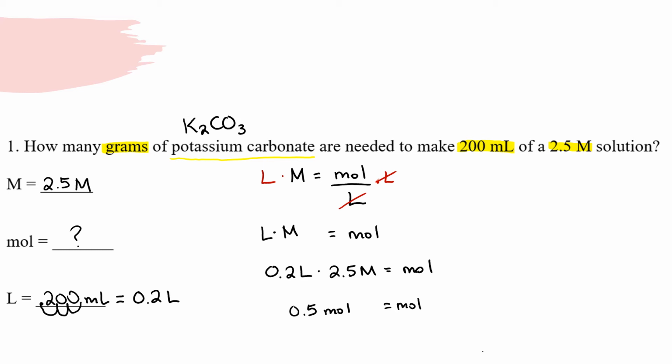So the molar mass of potassium carbonate, I just write out the elements and the number of the atoms of that element. So K2, I look on the periodic table and round it to 2 decimal places, and I get 78.20. Carbon, very simple.